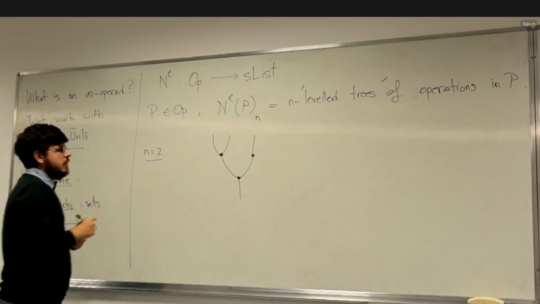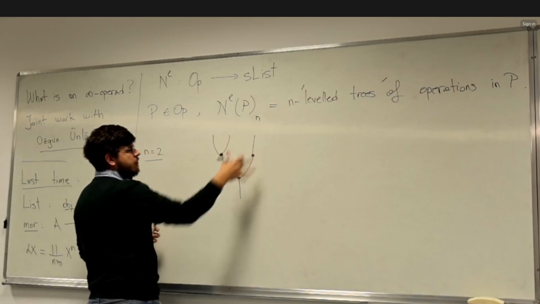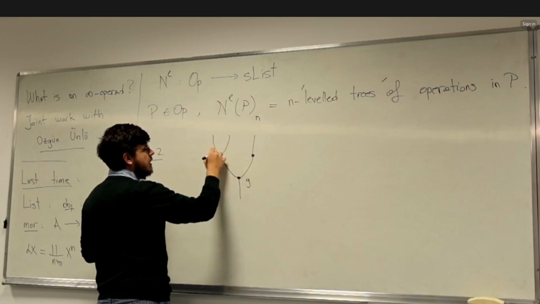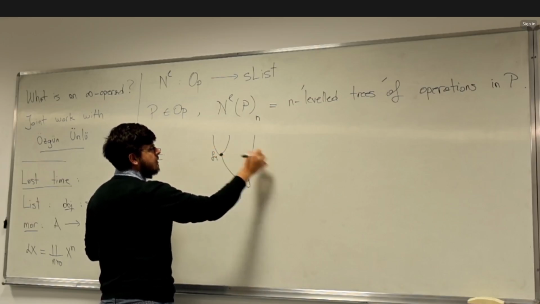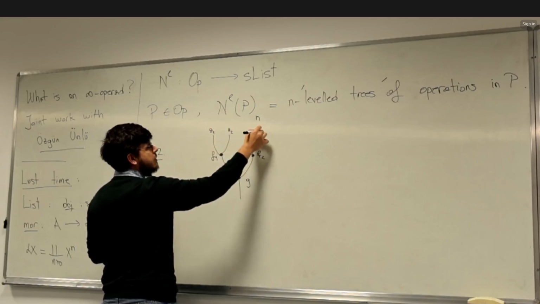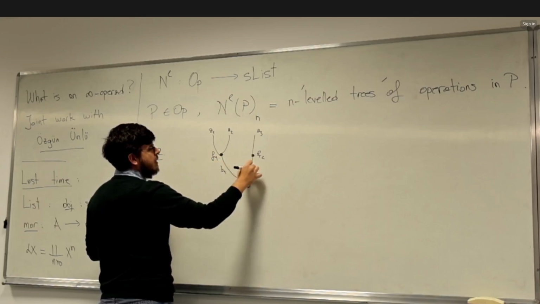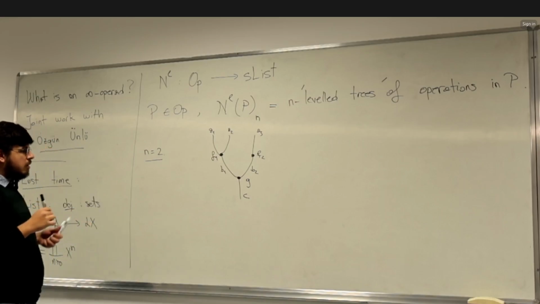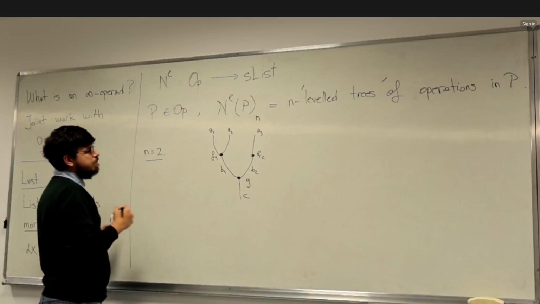So the configuration of operations in P. Let's say this is G, F1, F2, and these colors are A1, A2, A3, B1, B2, and C.